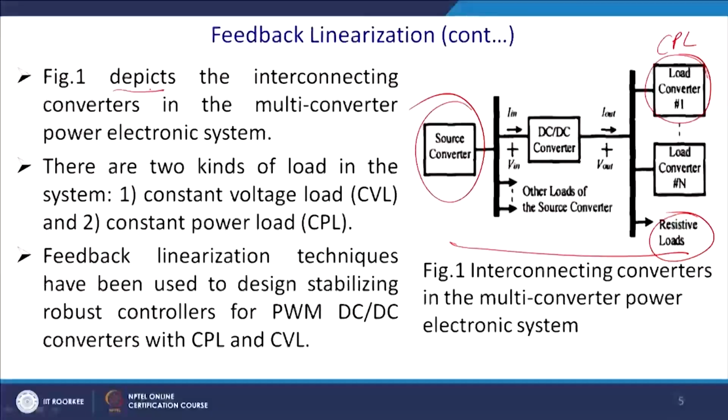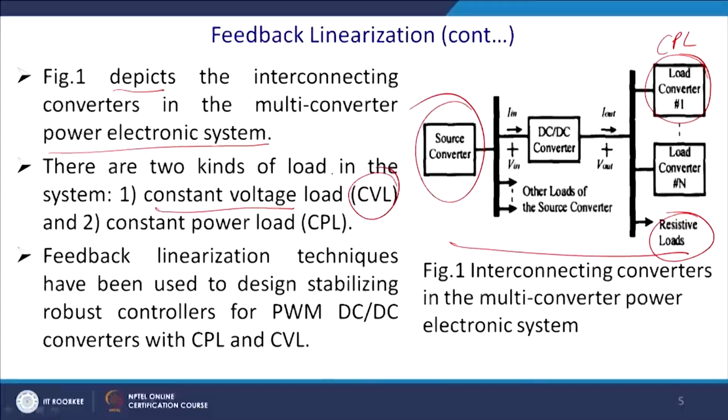Figure 1 depicts the interconnecting converter in the multi converter power electronic system. There are two kinds of load in the system: constant voltage load, or this is called a CVL.